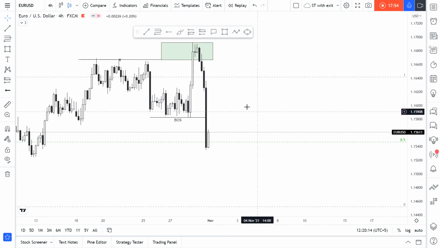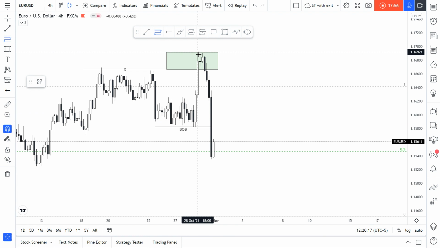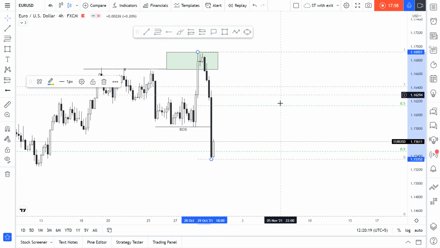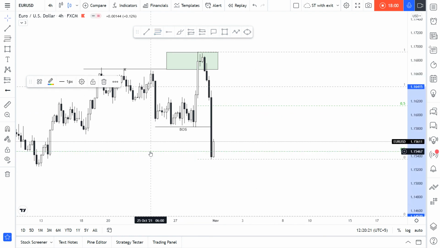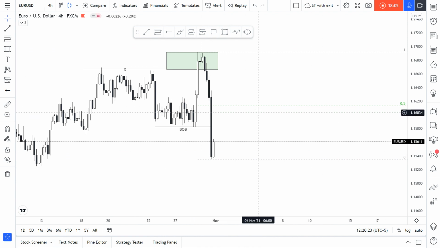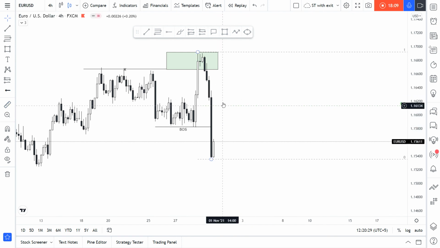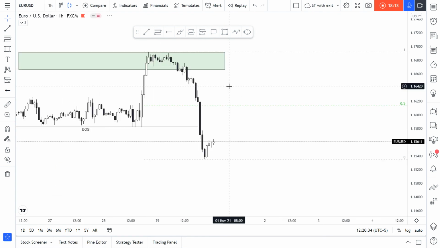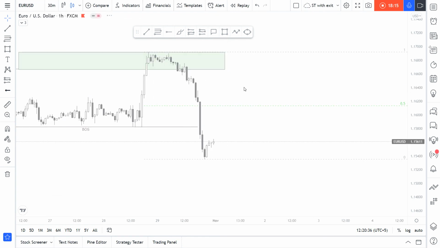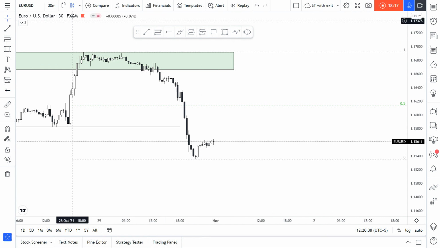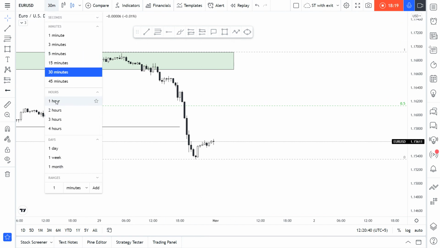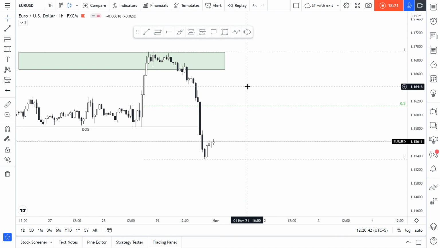In my opinion, this is our impulse. Maybe we're going to go to the discount level, or maybe not. Actually, I will be looking for sells above the 50% level. If we go to the low time frames, maybe we might see some levels.